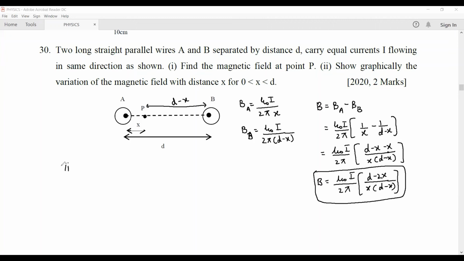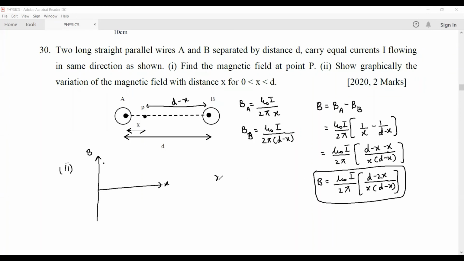The second part is to draw the graph between the magnetic field and the distance x. Along the x-axis, let us take the distance, and along the y-axis the magnetic field. Now x is varying between 0 and D. When x is equal to 0, it will be D minus 0 upon D minus D, that is approaching infinity.